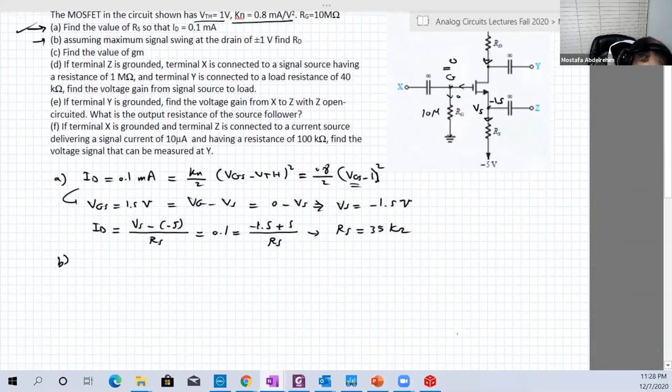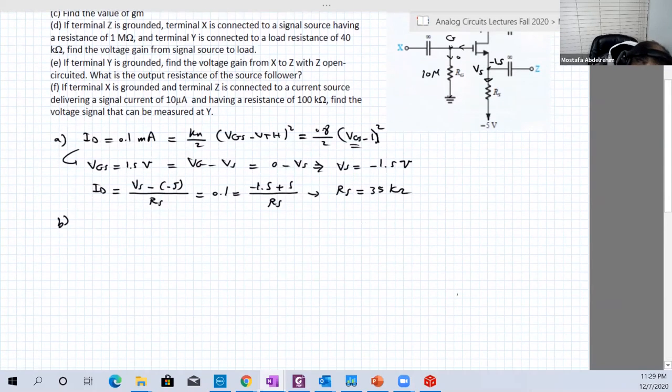It says, assuming maximum signal swing at the drain, so the output basically at the drain here, find RD. So let's draw the sketch of the transfer characteristics.